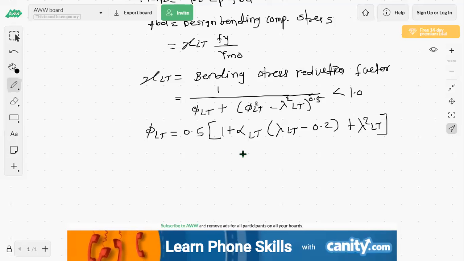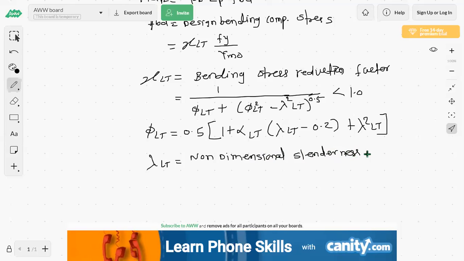Lambda LT we have to calculate by using the formula, that is lambda LT is the non-dimensional slenderness ratio. See, this part is slightly difficult and lengthy.